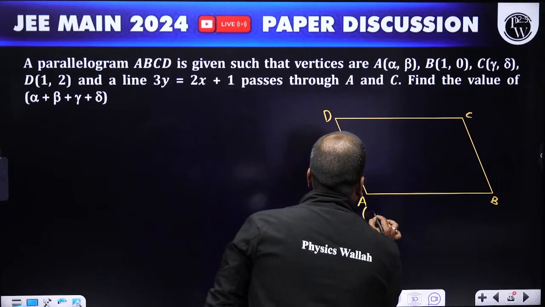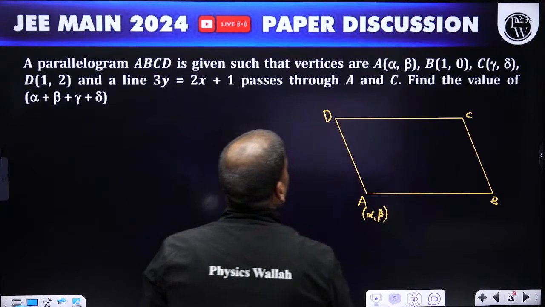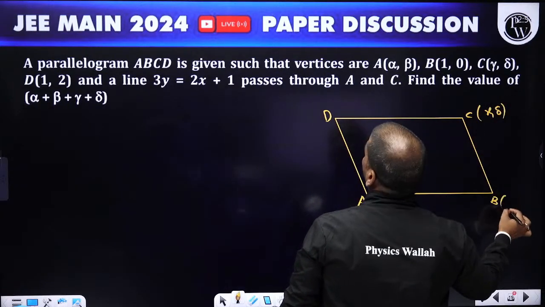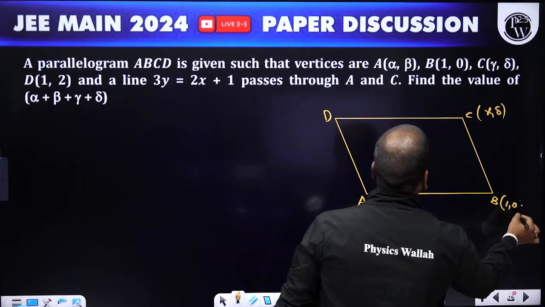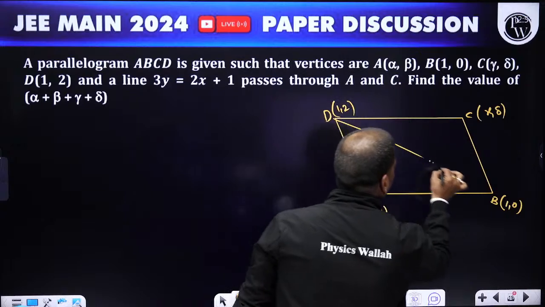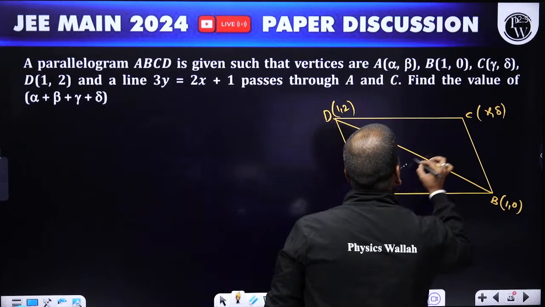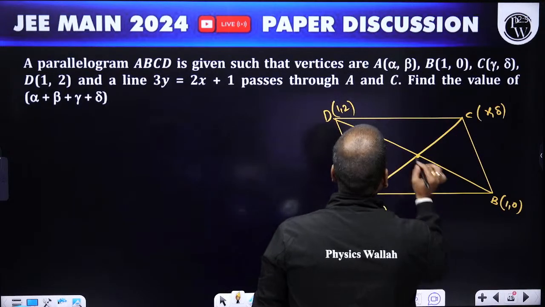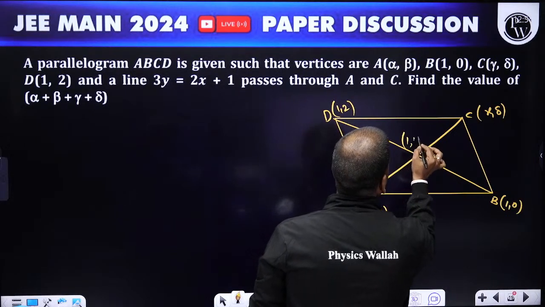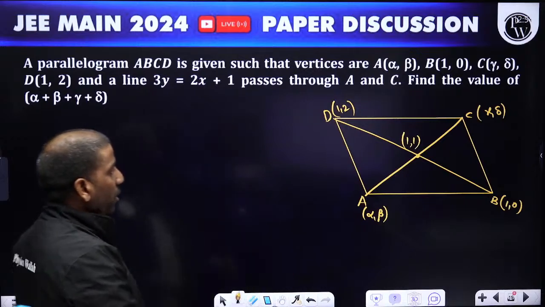So, A is alpha, beta. C is gamma, delta. Diagonals bisect each other. So, that is what we know. So, D is equal to 1, 2. So, what is the midpoint of BD? So, this midpoint is nothing but 1 plus 1 by 2, 1, 2 plus 1. So, that is 1. Right? What is the midpoint here?